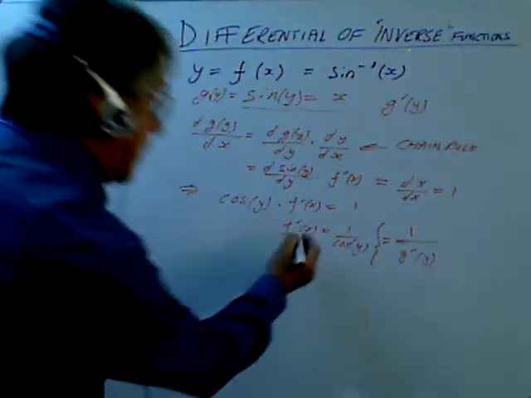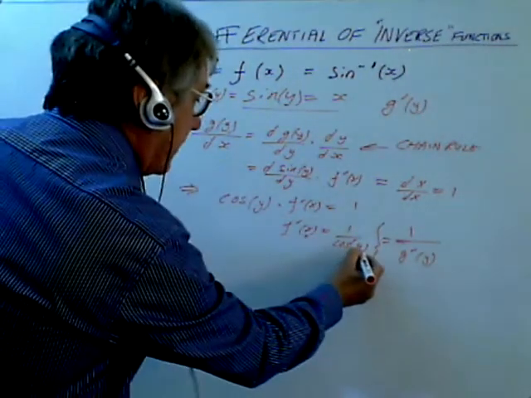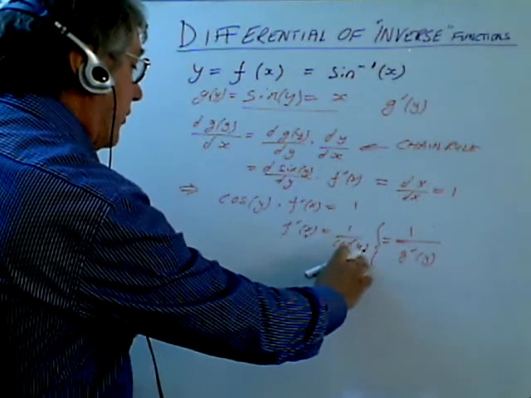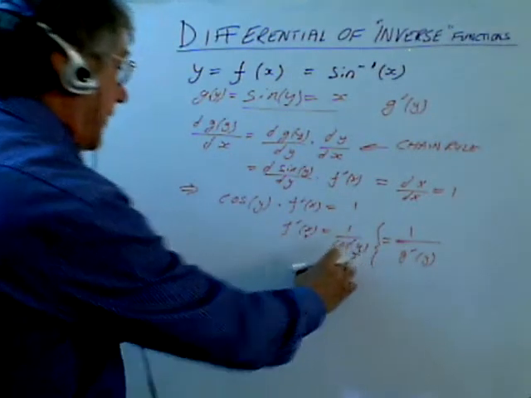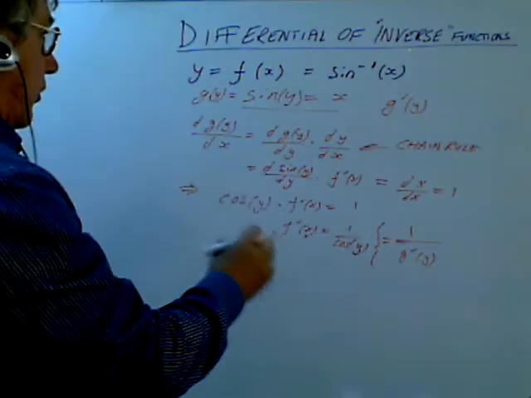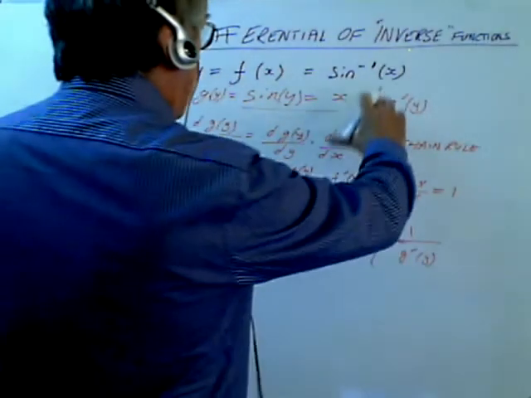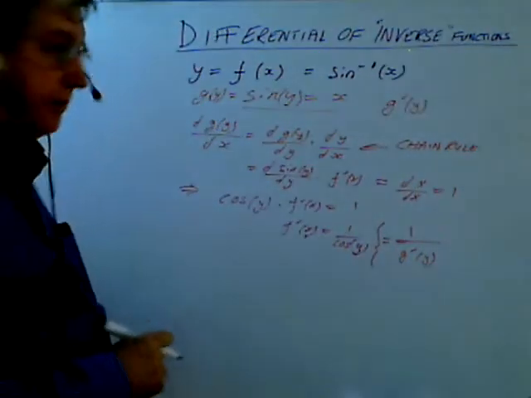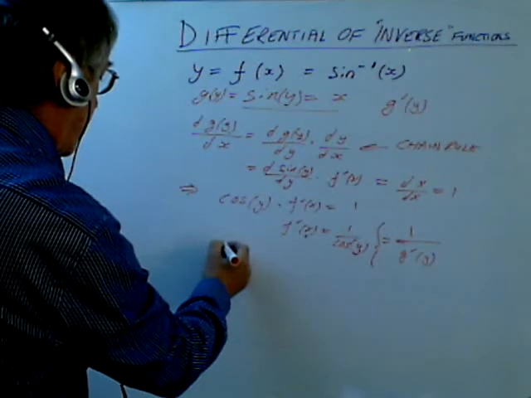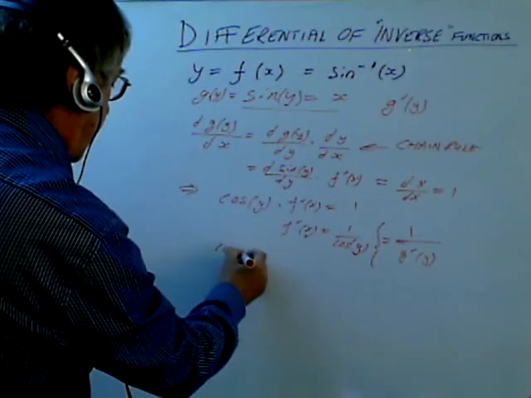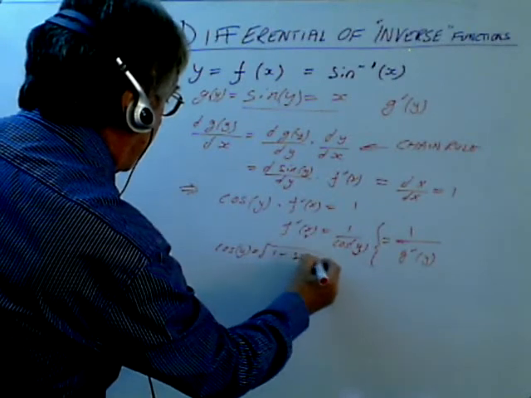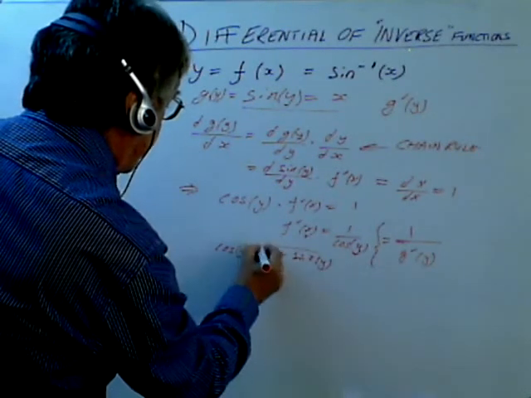But not quite, because x is a variable here, and I've got this in terms of y. So I have to express this as a function of x, not as a function of y. So how do I do that? Well, it depends on the problem. Here I can see that sine y is x, so cos y is of course the square root of 1 minus sine squared y by the identity.